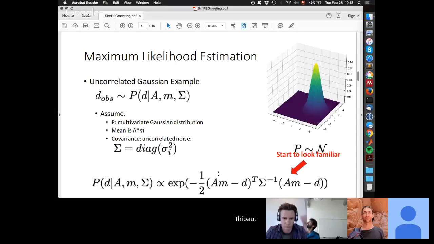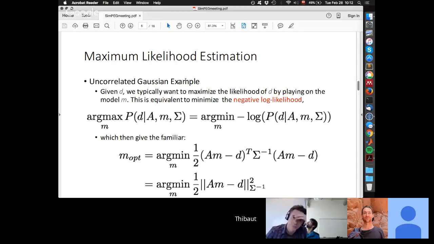Yes. As I said before, we want to find the model M that maximizes the probability to get this data. So I'm looking for the argmax over M of this probability.